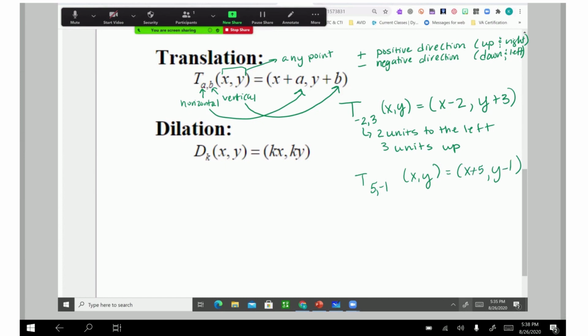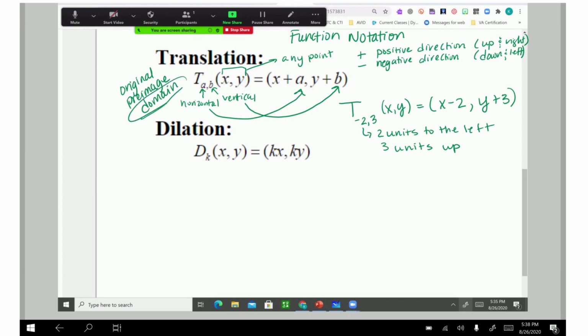Okay? All right, so I'm going to erase this because that's not the one I'm going to use. I just wanted to make sure you understood how to write a translation in function notation. Let me go a step further in letting you know that the original points, your pre-image, that's your domain for this function.